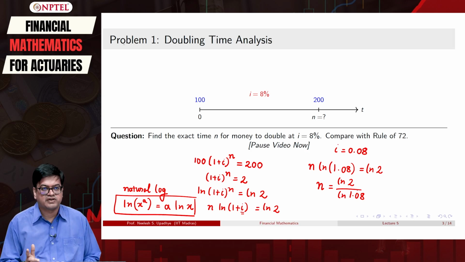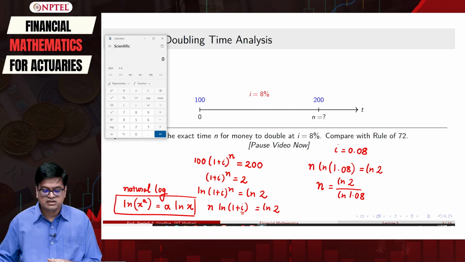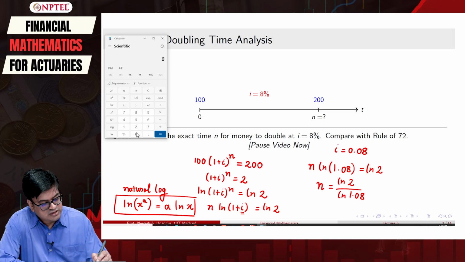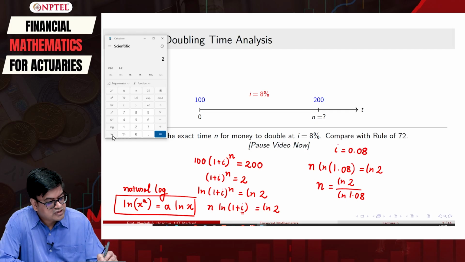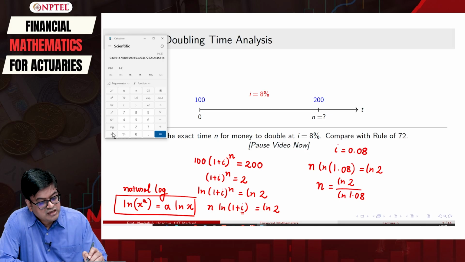A general scientific calculator will also work, for example a calculator like this. We have already shown you the keystrokes in the last class, so let me revise. First I will press the key 2, then I will take ln of that, and the output is displayed on your calculator.